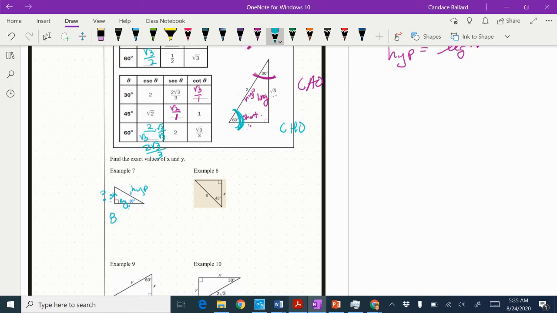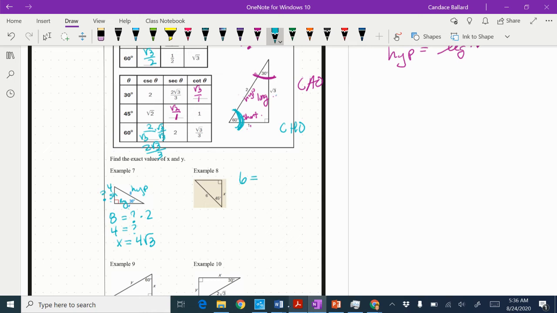So I know the hypotenuse equals the short, which is a question mark right now, times 2. So I divide by 2, and I get 4. So I know that the short leg is 4, which means my long leg, x, equals my short leg times square root of 3.